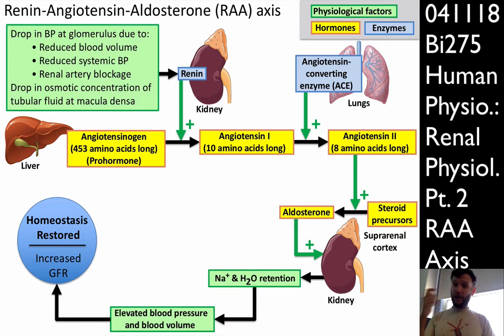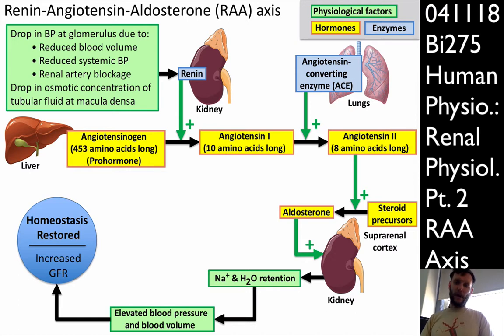Well, it turns out that angiotensin 2 has a catalytic effect on various steroid precursors that are produced in the suprarenal cortex, formerly known as the adrenal cortex. These steroid precursors are converted by angiotensin II into aldosterone.